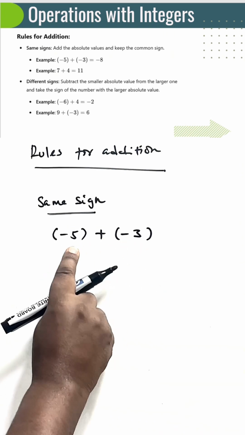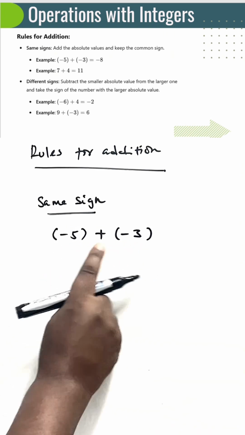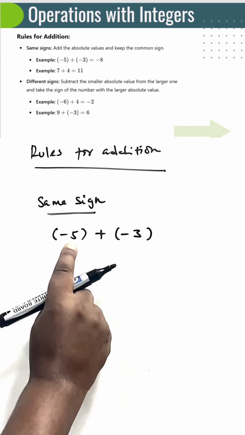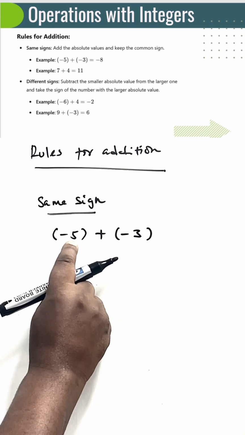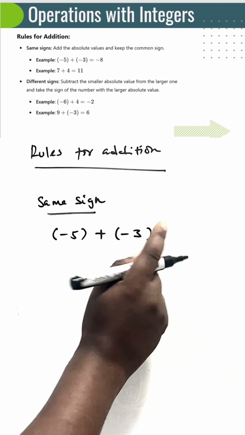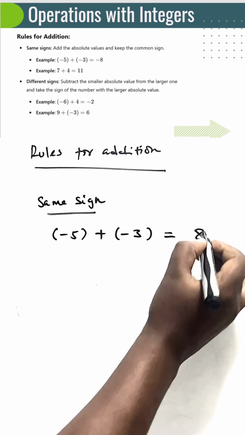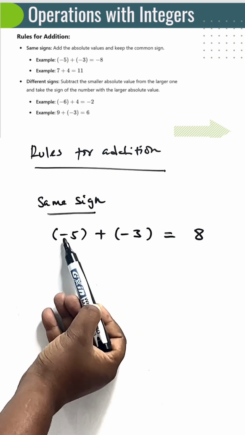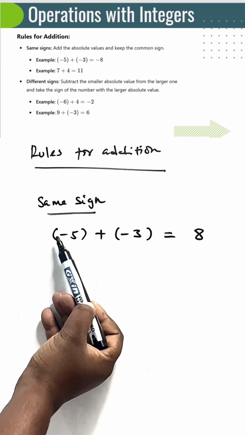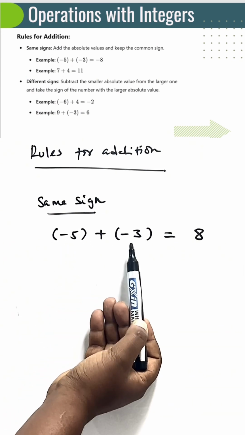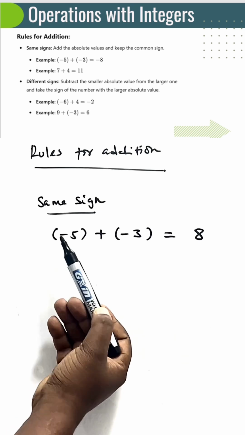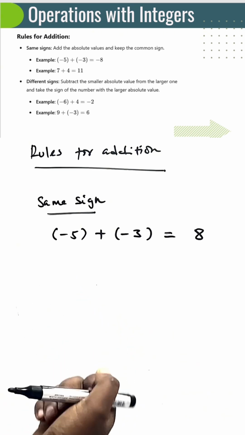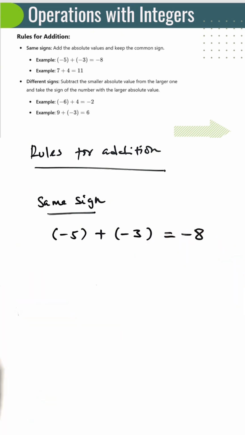The same sign means we just add the absolute values, the positive values 5 and 3, that would be 8, and we keep the sign of the larger number. That's 5, which is negative. Obviously 3 is negative too. That would be minus, so the answer would be -8.